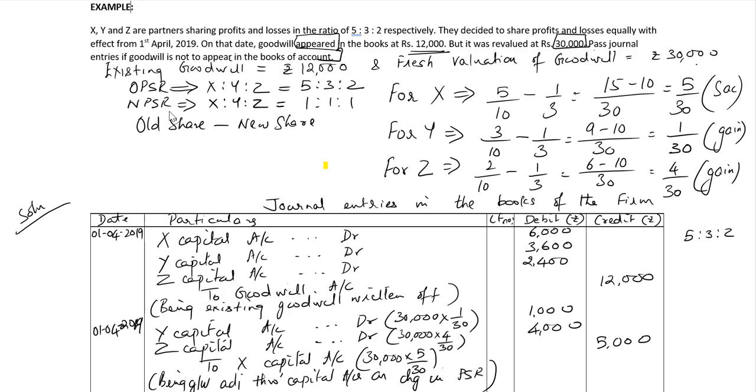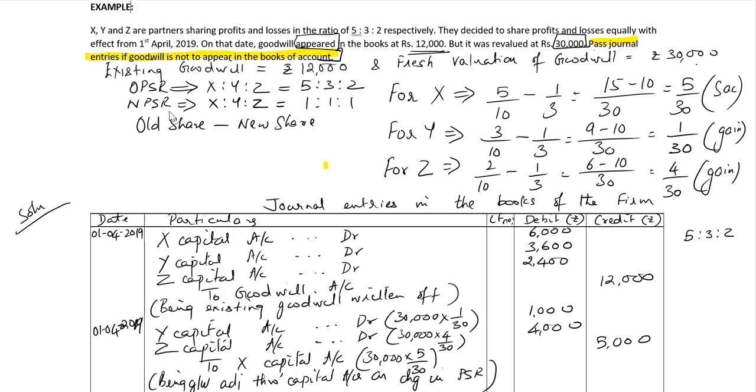In this case, the existing goodwill will be written off and the journal entry will be passed for the revalued amount of goodwill.